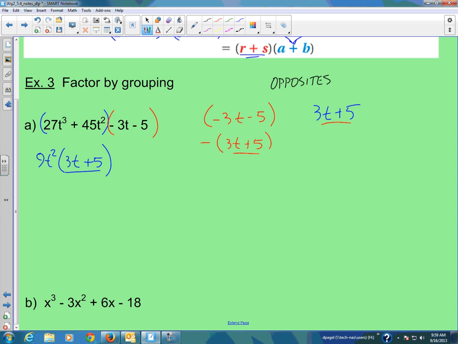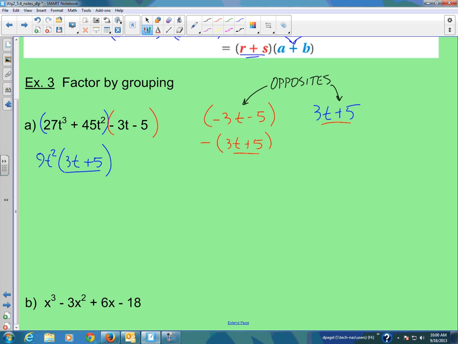So we started with opposites. This is what you're going to want to look for. When you're doing factoring by grouping, sometimes you won't be able to pull anything out of that red group other than a negative. That changes it to a negative times the quantity 3t plus 5, and now I have two 3t plus 5 binomials, which is what I'm after.